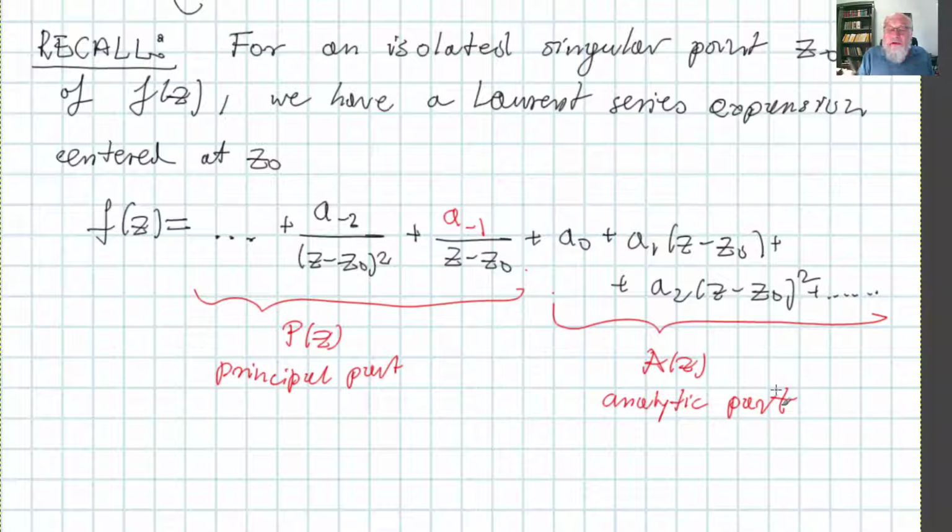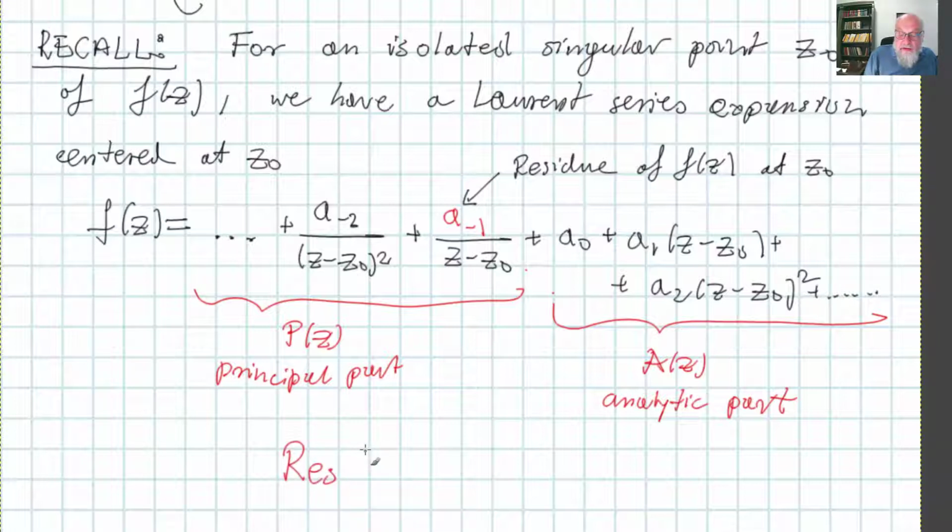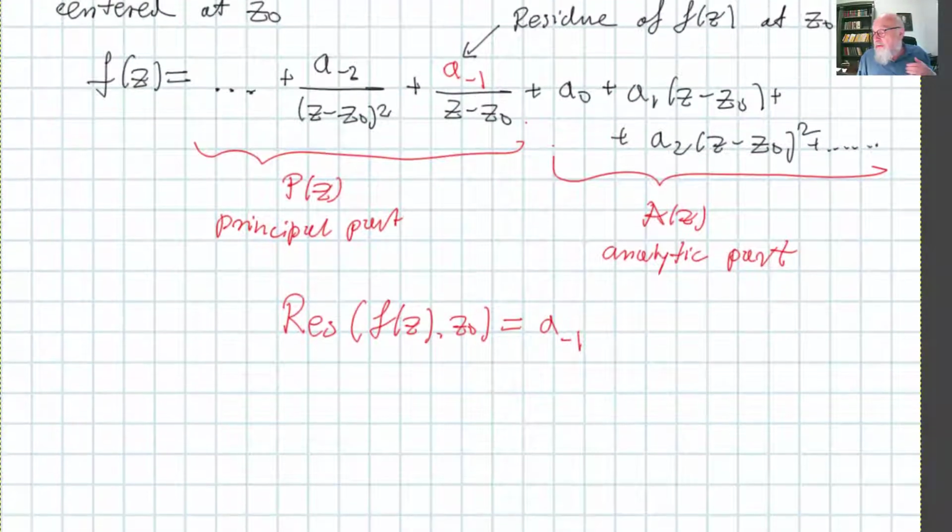So we should also remember that this value here is the residue. The residue of f of z at z0 is exactly this a_{-1}. And we will definitely be using it many times.